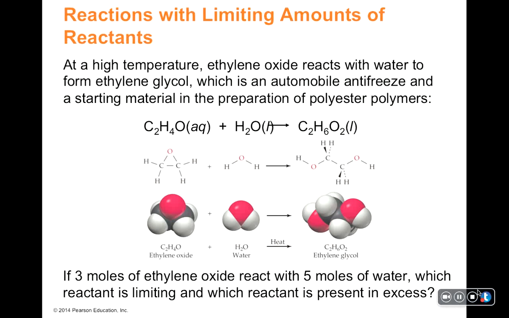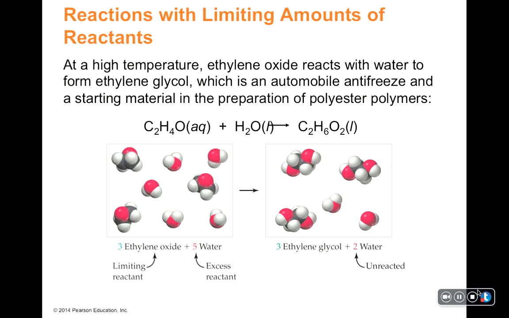So if we look at the balanced chemical equation, we can see that 1 mole of ethylene oxide reacts with 1 mole of water. So we're going to use that information to help answer this question. This is done in a picture way. I'll talk through it in a numbers kind of way here.